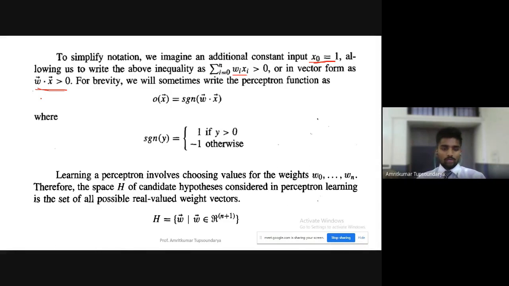So don't get confused in the exam when you are asked for a particular representation, whether in summation form or vector form; both mean the same. Vector form is easier to remember, but summation format is better for understanding. Just for simplicity, we will sometimes denote this vector representation like this.